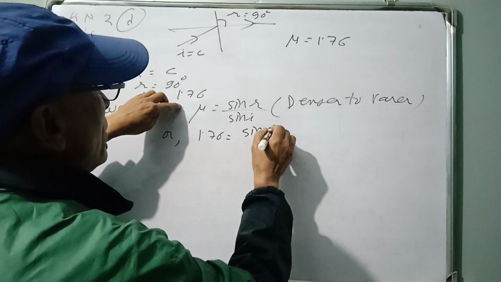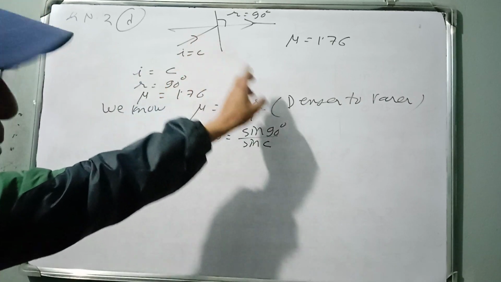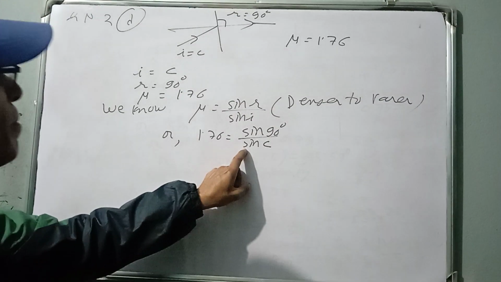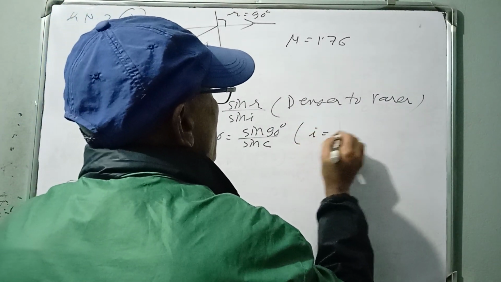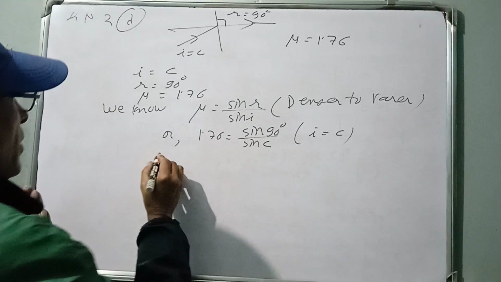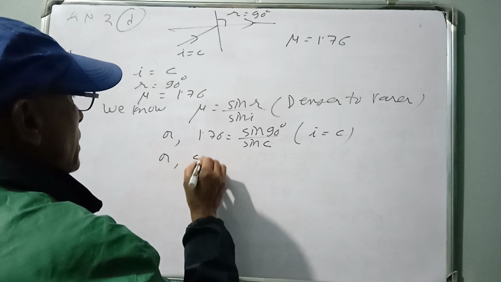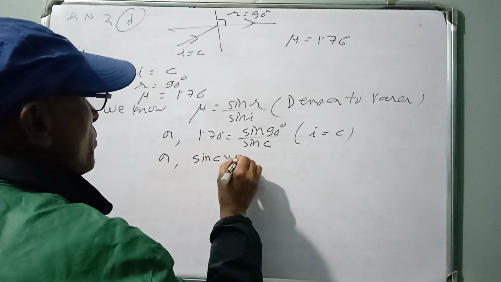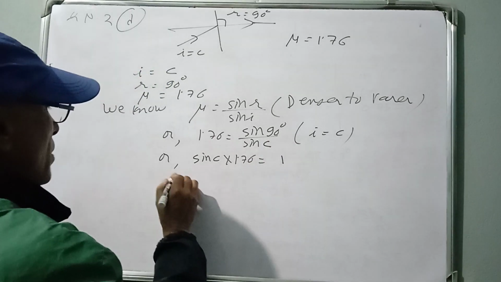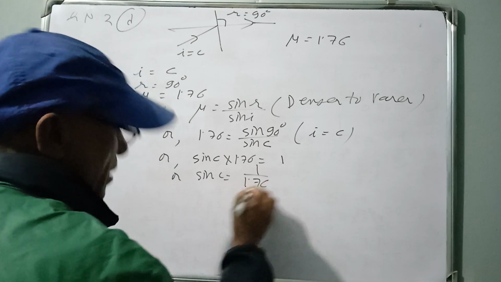Sin R, sin 90 degrees upon sin I. In this case, if the angle of refraction is 90 degrees, I equals C. The angle of incidence is equal to the critical angle, so sin C into 1.76 equals sin 90, which is 1, or sin C equals 1 upon 1.76.